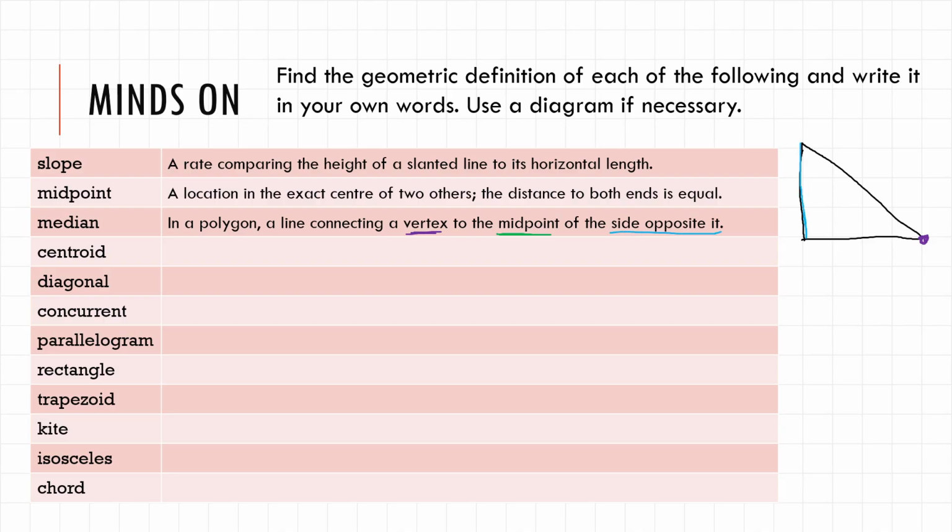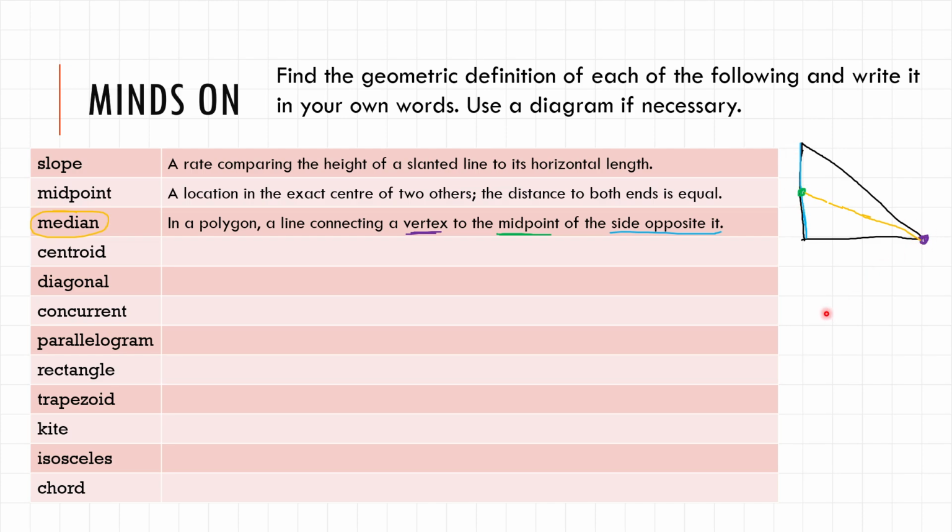That would be this side right over here. And the midpoint of that side would, of course, be right in the center, maybe like right over there. And so the median is the line that connects these two just like that. Right? So that would be the median, a line that connects one vertex to the midpoint of the side that is opposite that vertex.